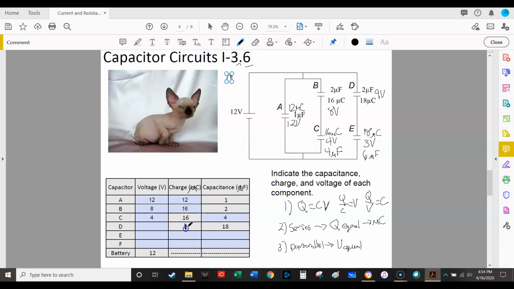So D is going to be 9 volts. E is going to be 3 volts, 18 microcoulombs and 6 microfarads.